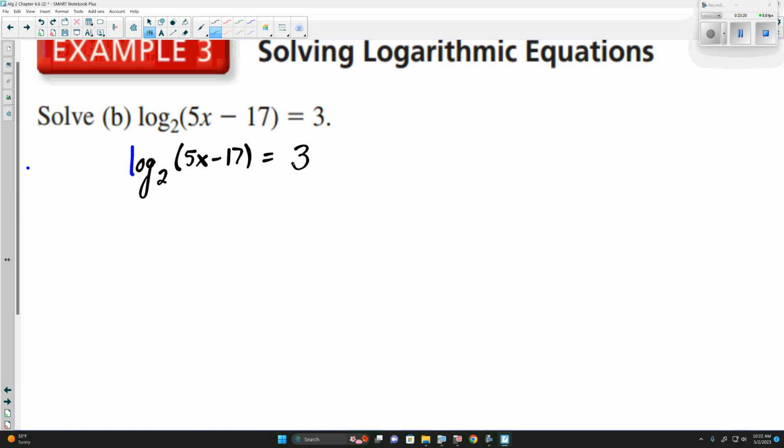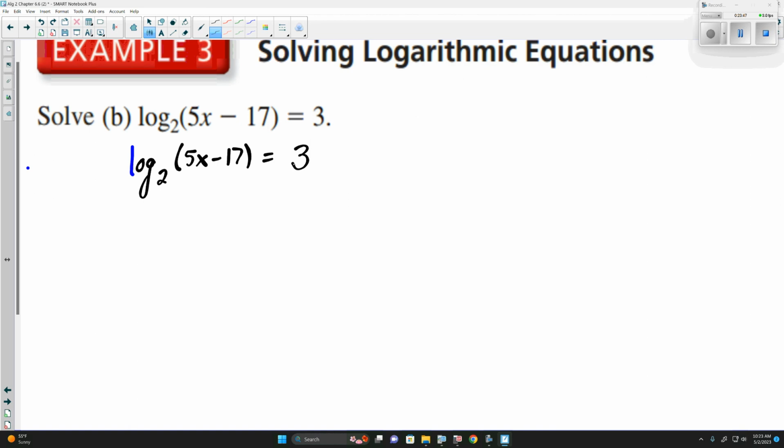We want either to have a log on either side, like we had yesterday, because with log equals log and the same bases, we can solve from there. If we have logs and a number not inside of a log, so here the 3, we want the number on one side and the logs on the other. Because really what we want is one logarithm, no matter what's inside, equal to a number.